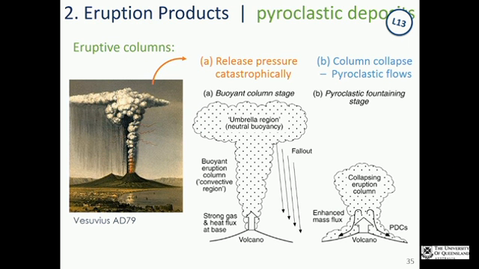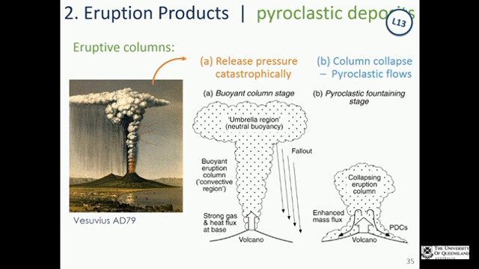As we can see from the example of Mount Vesuvius, or for example Mount St. Helens or Mount Pinatubo closer to here. Yeah? When we have explosive eruptions, we first have an eruptive column, and an umbrella region which generates fallout products.